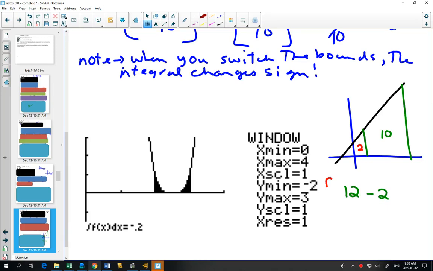So when we did the integral from 1 to 3, it did 12 minus 2. If you did the integral from 3 to 1, can you see that it would do 2 minus 12? And then you get the same answer, because 12 minus 2 obviously is 10. Wow, that's a fancy 10. And that would be negative 10, if you're thinking of it as the area back to 0, which can help you visualize what's happening.